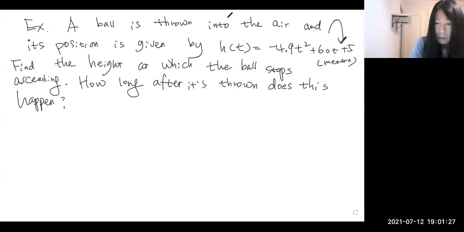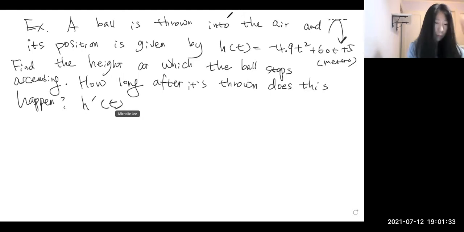So we are looking for h prime of t. Oh, I did not set it equal to 0 earlier. I was rushing, sorry. Okay, h prime of t, we're going to find, what do we get?